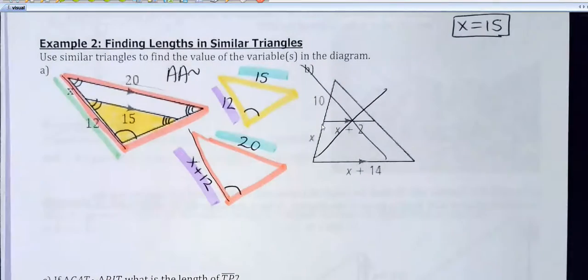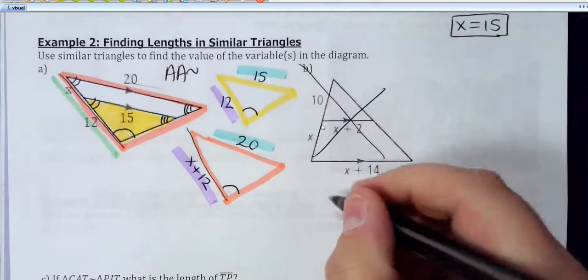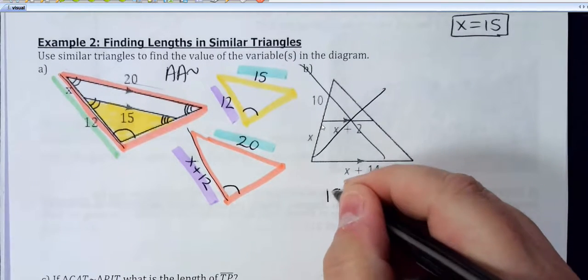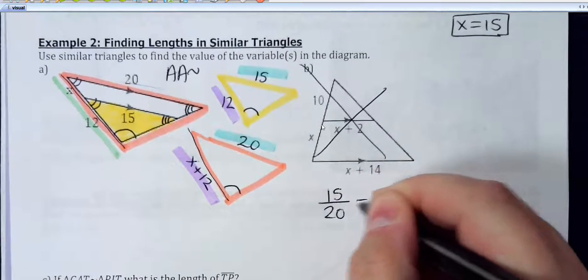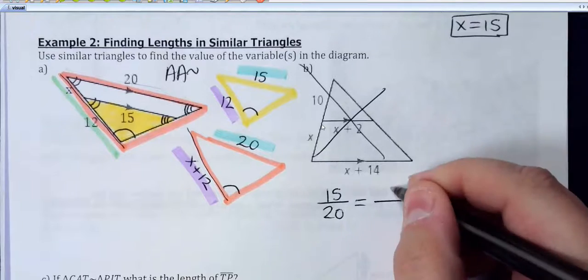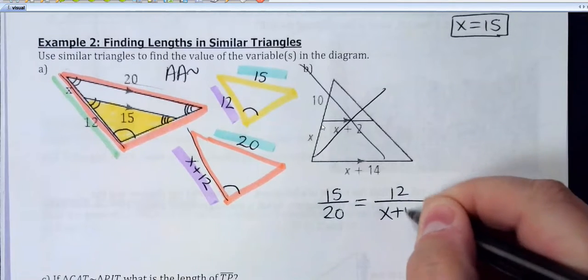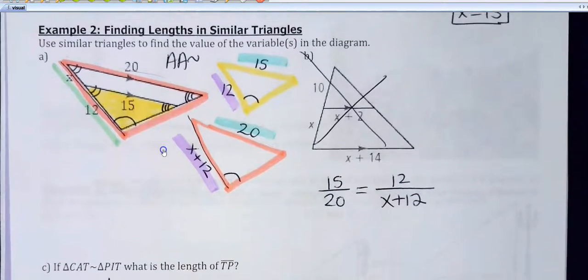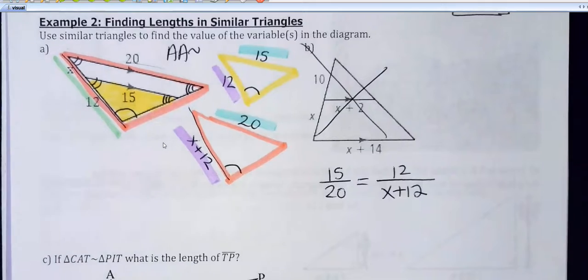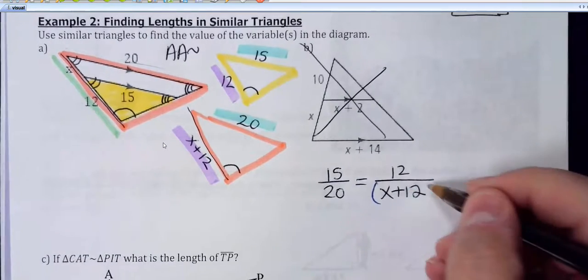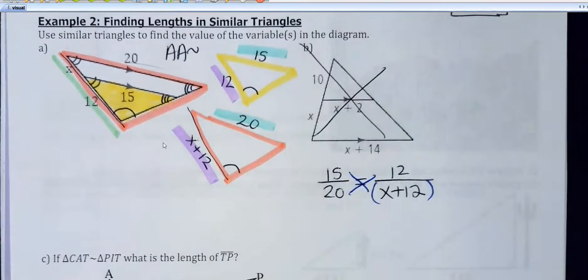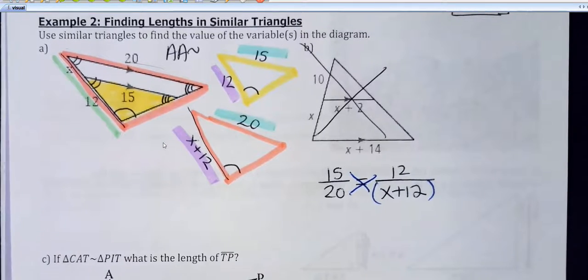However you want to set it up, I'm going to put the smaller triangle on top. So 15 over 20 has to be equal to 12 over X plus 12. The only thing to remember is that I want to put X plus 12 in parentheses, because when I do my cross products, I want to make sure I multiply 15 by both of those terms.